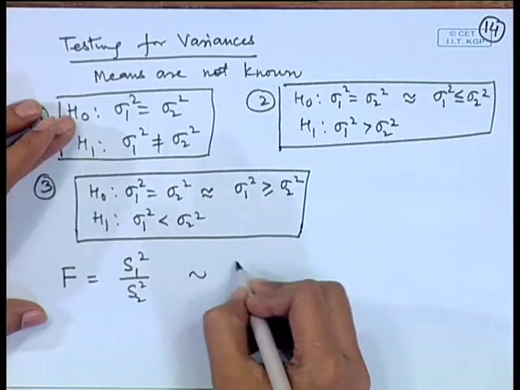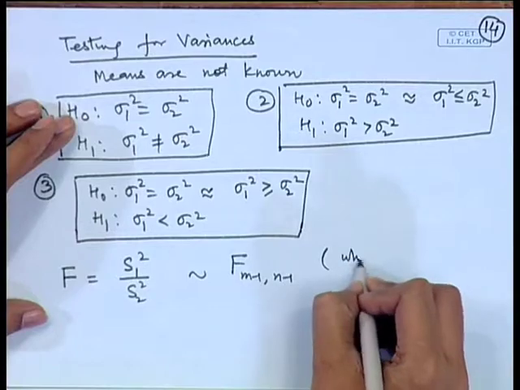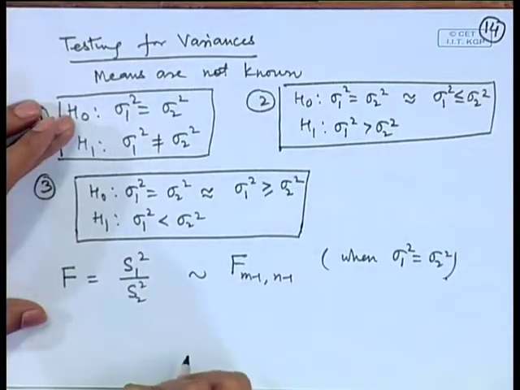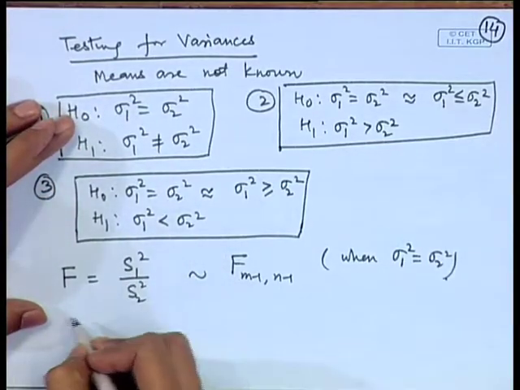So, this follows F distribution on m minus 1, n minus 1 degrees of freedom, when sigma 1 square is equal to sigma 2 square. So, we can give a test based on this.